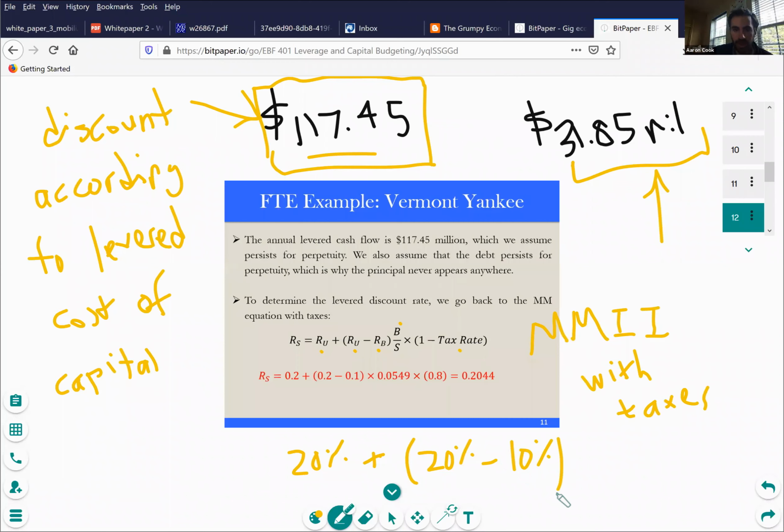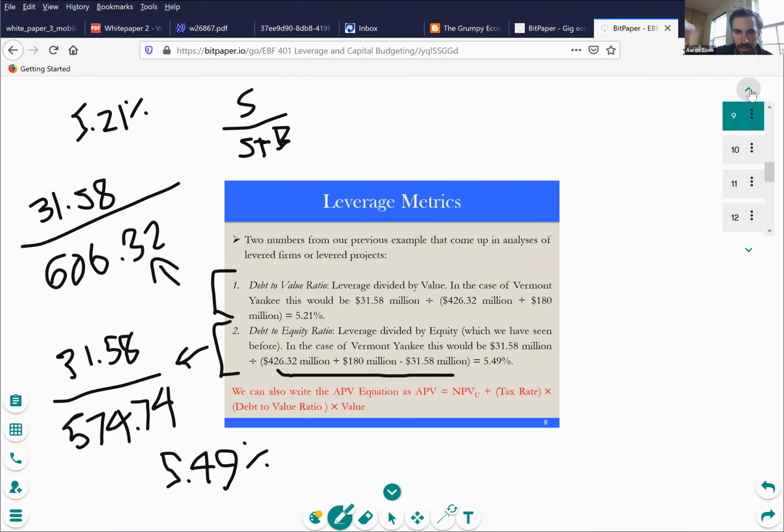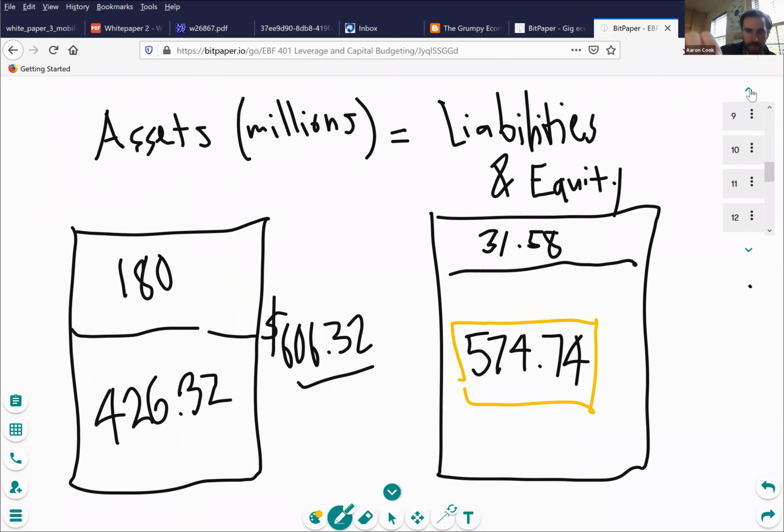Next, we need the debt to equity ratio, which we calculated a little bit here, where we were considering the $31.58 million worth of borrowing. We looked at the equity implied by that amount of borrowing, which was $574.74 million, taking into account the increased project value from the tax shield benefit of having that debt.